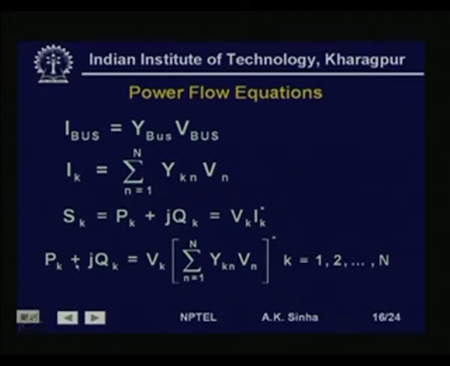So we can write Pk plus jQk equal to Vk into the conjugate of this term, for all the bus bars, that is, k from 1 to N. So, the real and reactive power injection at any bus k can be written in this form.